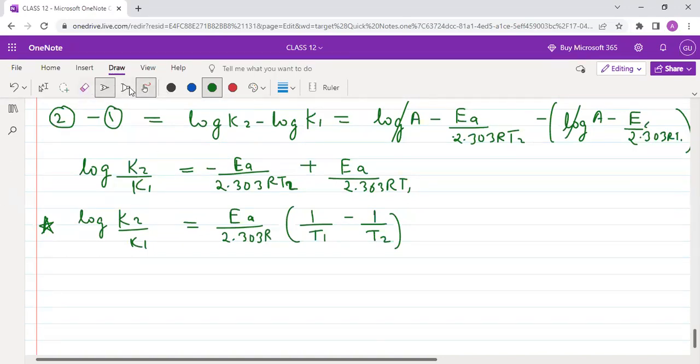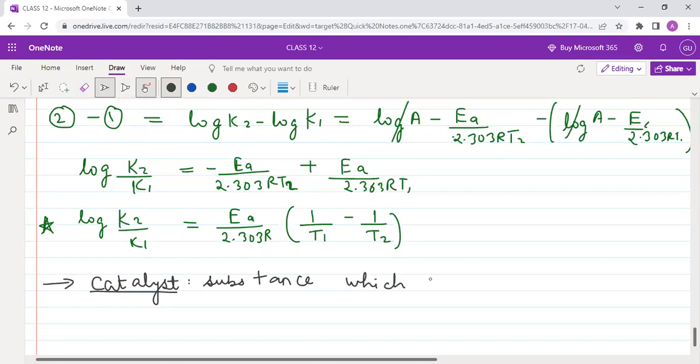Now the next topic is catalyst. So what is a catalyst? It is a substance which increases the rate of reaction. Remember?